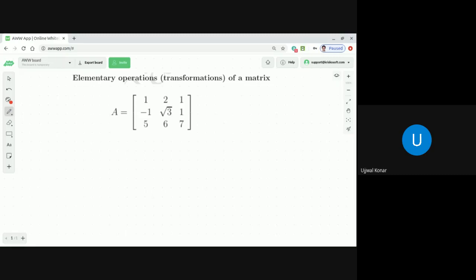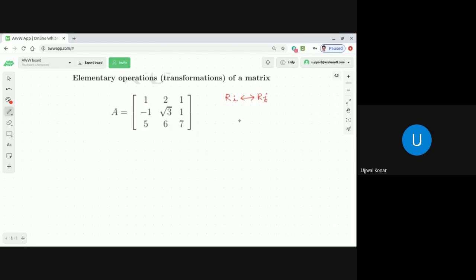The first transformation we can do is that we can interchange any 2 rows. Suppose Ri is the ith row and Rj is the jth row. So we can interchange between Ri and Rj. That means the content in the ith row becomes the content of the jth row, and vice versa.